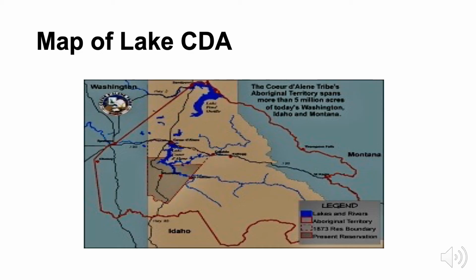We look at another map. Here in the center, you can see that this blue spot, this is Lake Coeur d'Alene. The northern 2/3 of the lake in the lighter brown are private, public, federal, state ownership.